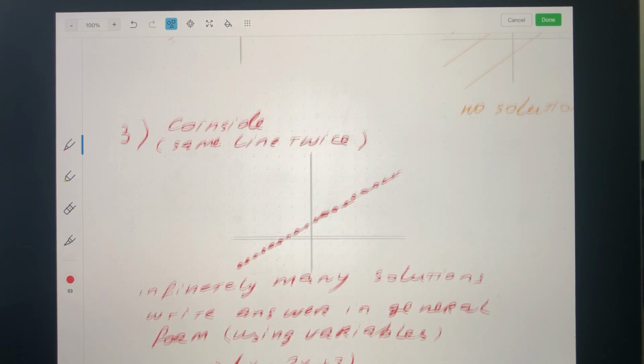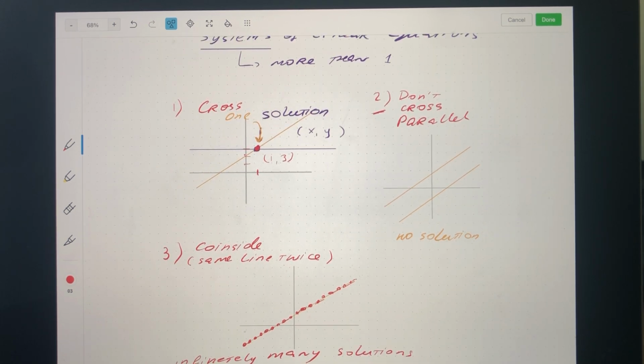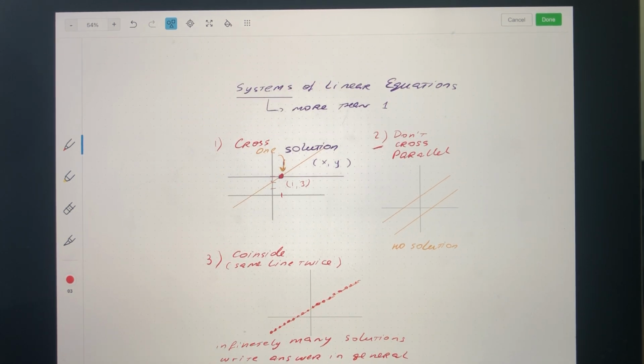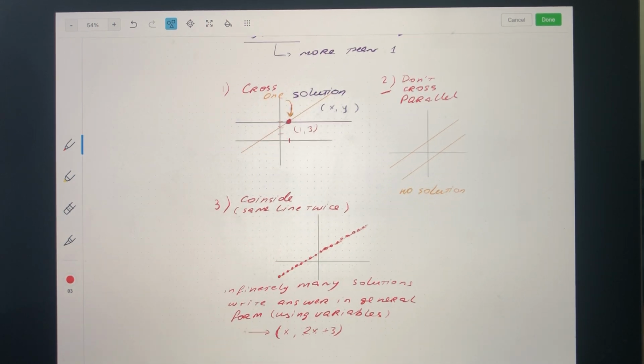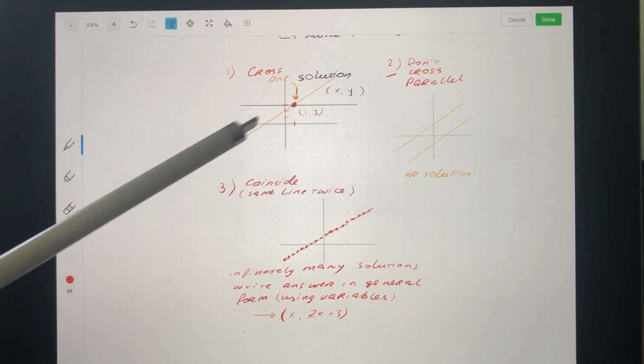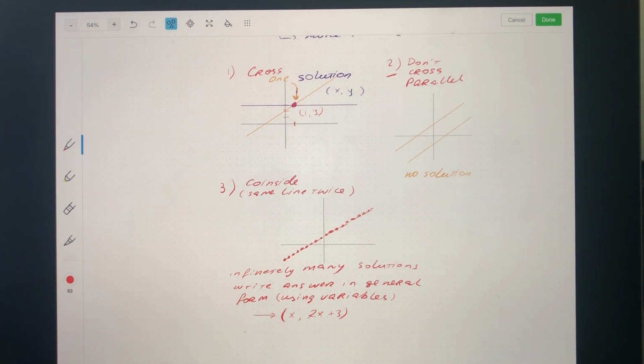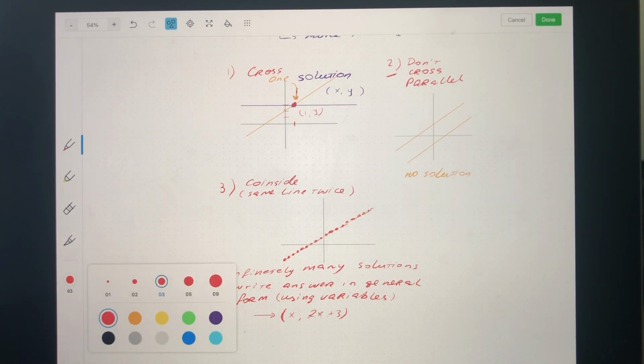For the terminology, a few more things to mention. Sometimes if we're doing the question in MyMathLab or ALEKS or some other technology piece, we would be asked to classify each one of these cases and give it a name. The proper names that go with these cases are as follows. If the lines cross, if there is a solution, that system is called consistent.